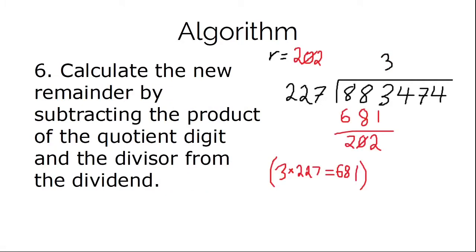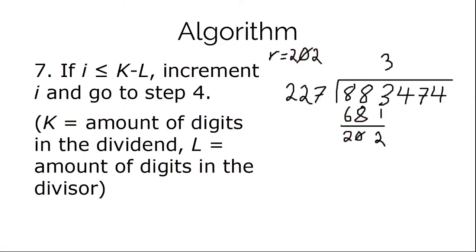Calculate the new remainder by subtracting the product of the quotient digit and the divisor from the intermediate dividend. Now, this is what we did at the end of each iteration. We just calculate the remainder. It's the same for any arbitrary base. You just do the same subtraction.